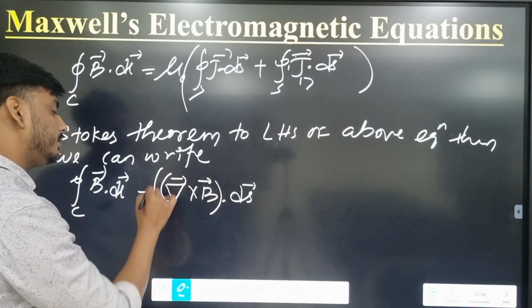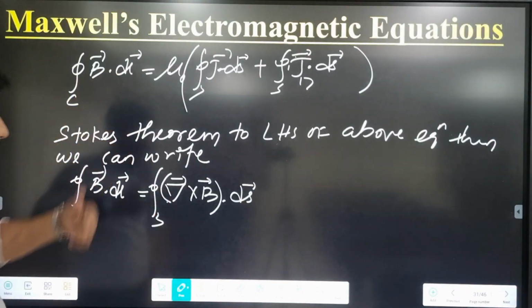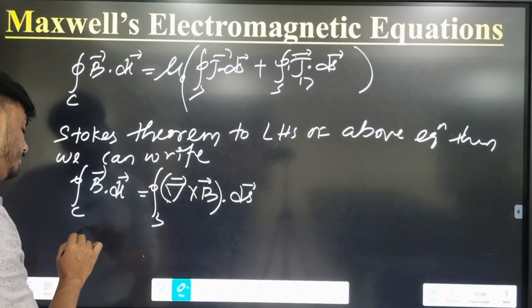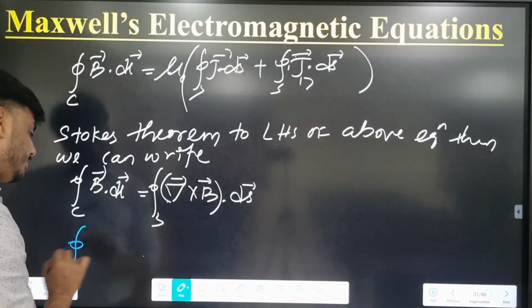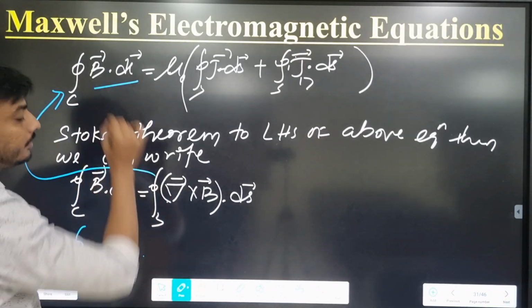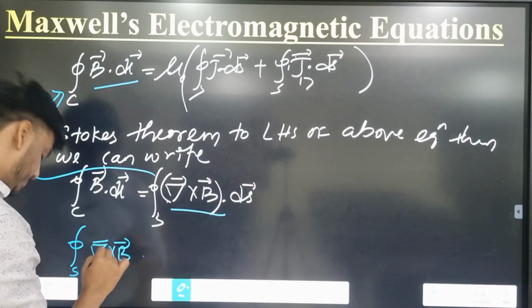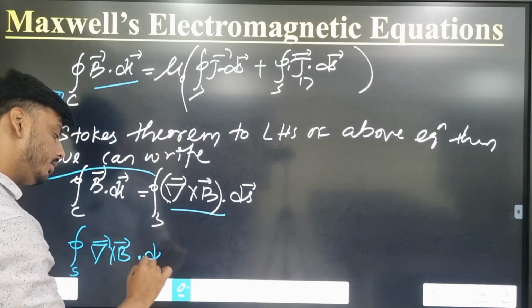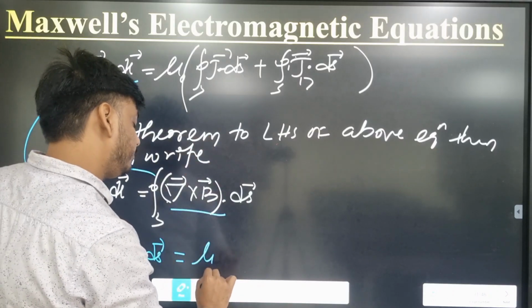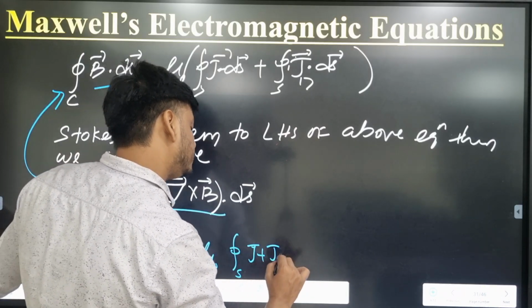This converts it to a surface integral. So instead of B dot dl, we can directly write del cross B dot ds equal to, on the right hand side, mu naught times the integral over S of (J plus J_D) dot ds.